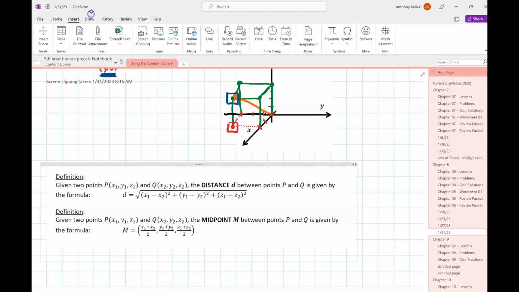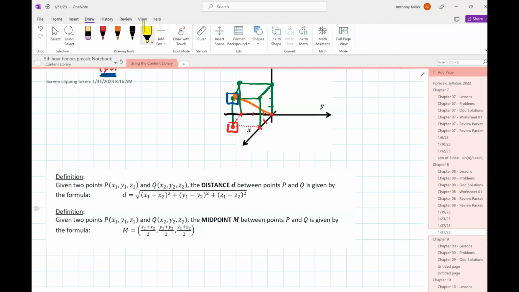So notice the distance formula is exactly the same, but we have a third component in there for the z's. And our midpoint formula is exactly the same, except we have a third component in there for the z's. Just do it the same way. Well, that's really pretty easy.